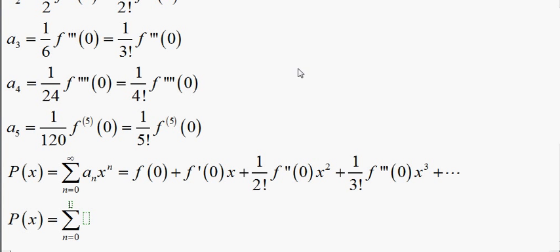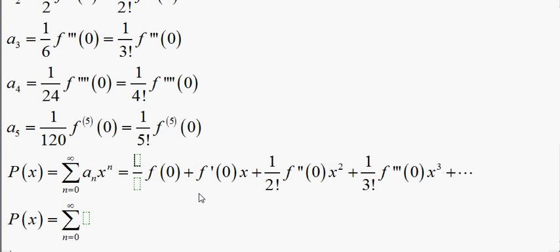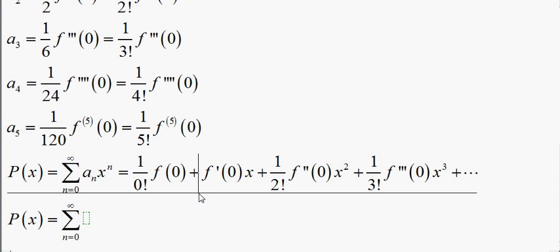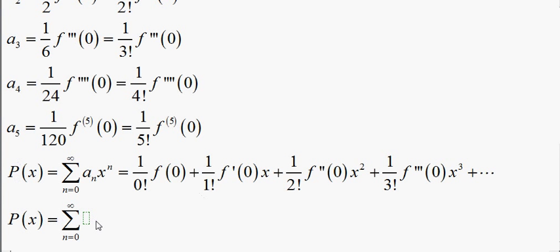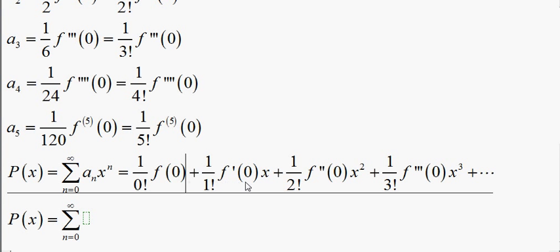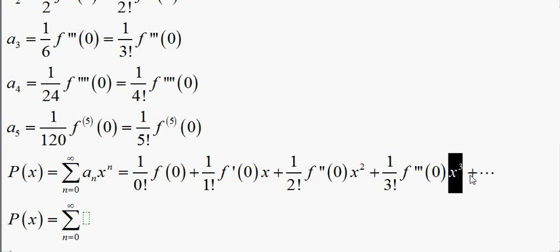So n goes from 0 to infinity. The 0th derivative is just the function itself. So it starts at the 0th derivative and goes first, second, third, fourth, fifth, and at the same time it starts at 0 factorial, because you can write this as 1 over 0 factorial, and this as 1 over 1 factorial. With x going from x to the 0, x to the first, x squared, x cubed, we can put it all together into a pattern.